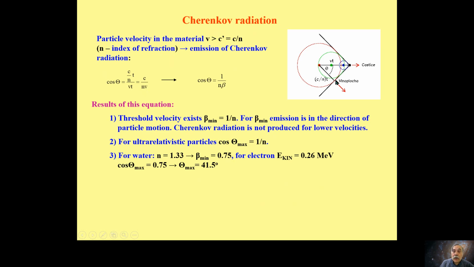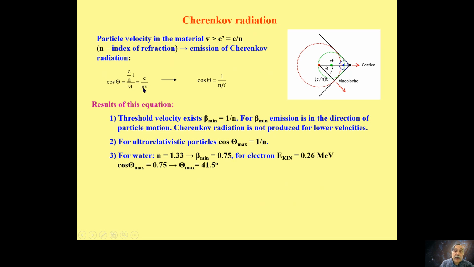Have a look here. It is perpendicular to this, which means here is a 90-degree angle. The ratio between this and this is the cosine of this angle. This is this divided by this, and t is here.